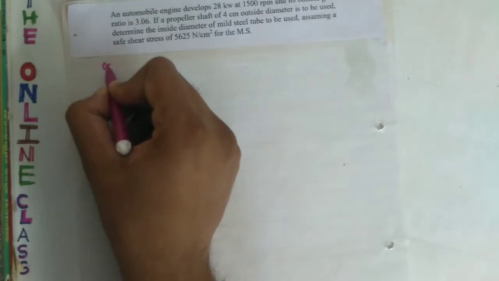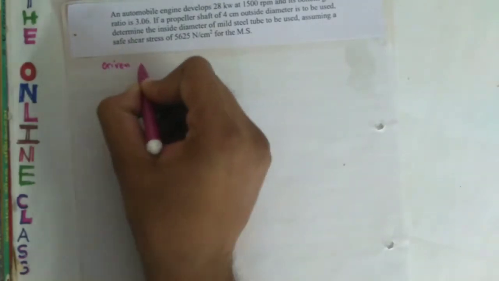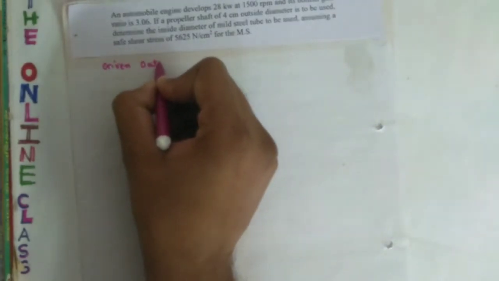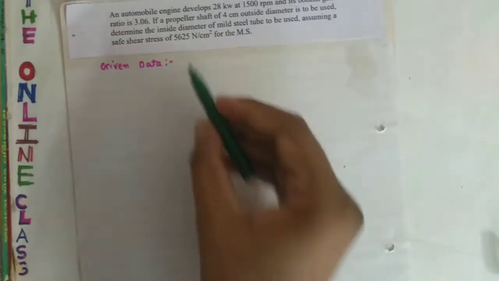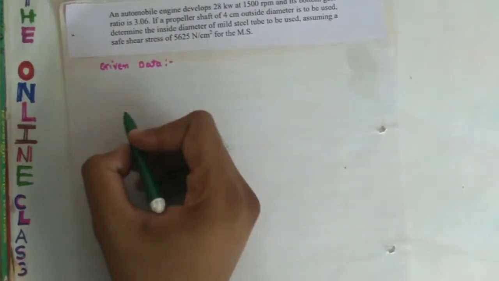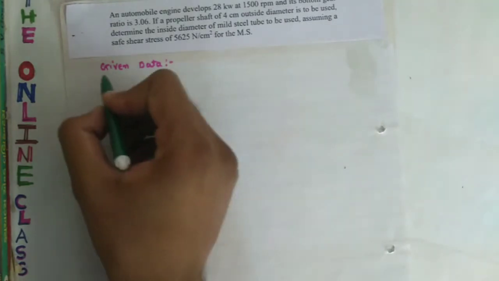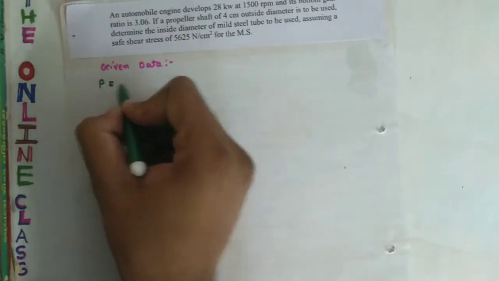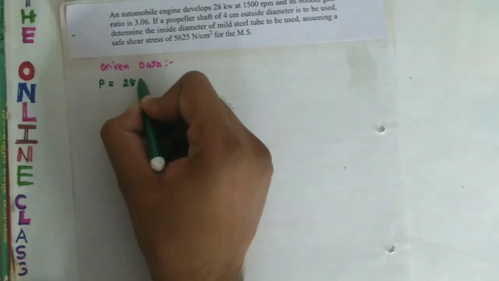So here, based on this example, I write given data. The automobile engine develops 28 kilowatt power. So P is equal to 28 kilowatt.